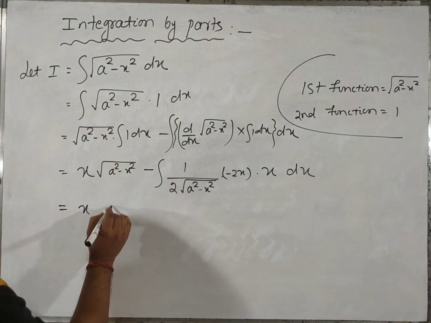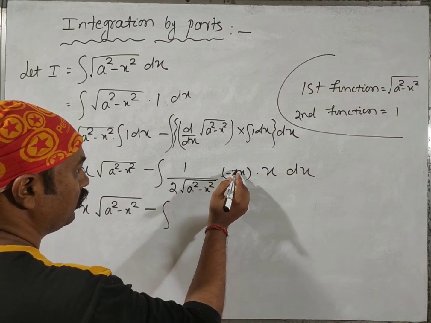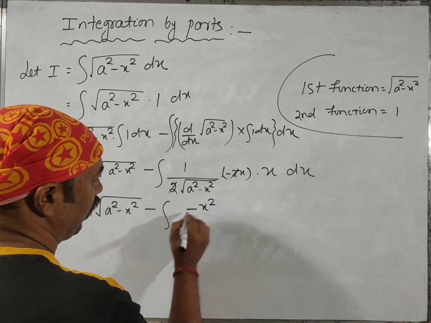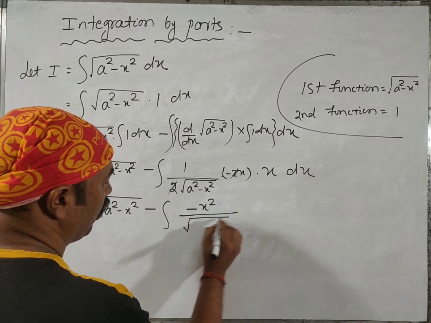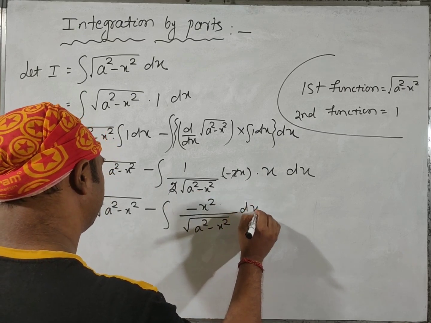Then simplifying this step, we have minus x square whole divided by square root of a square minus x square dx.